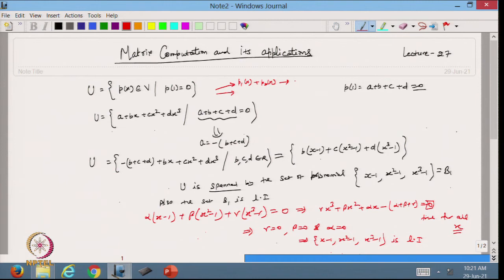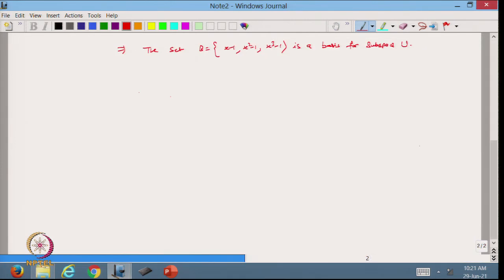Then (P1 plus P2)(x) satisfies the condition that (P1 plus P2) at 1 becomes P1(1) plus P2(1), and both are 0, so 0 plus 0 is 0, and similarly for scalar multiplication. So it is a subspace, and the dimension of U is 3.